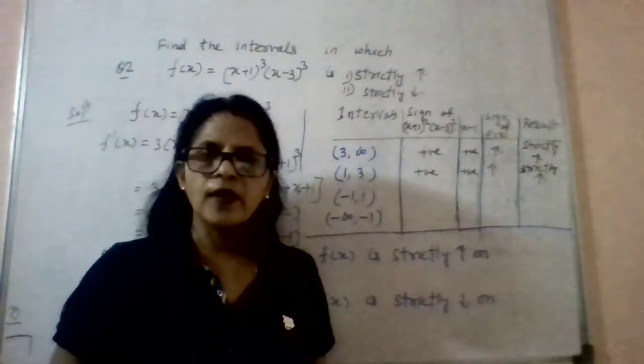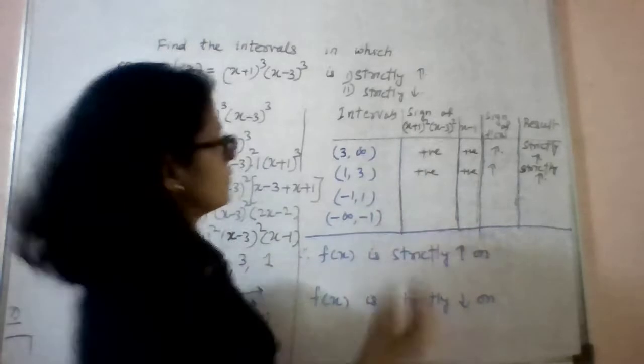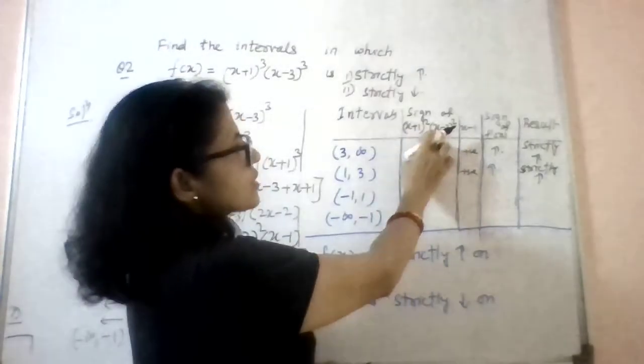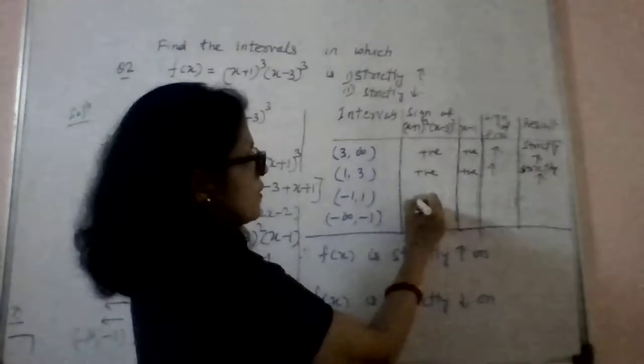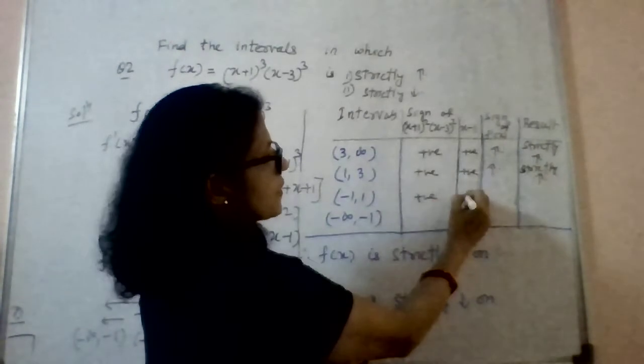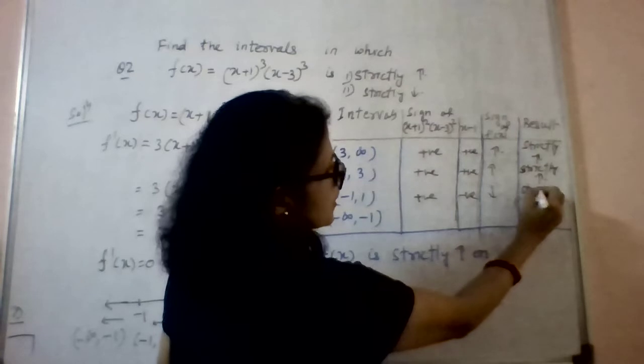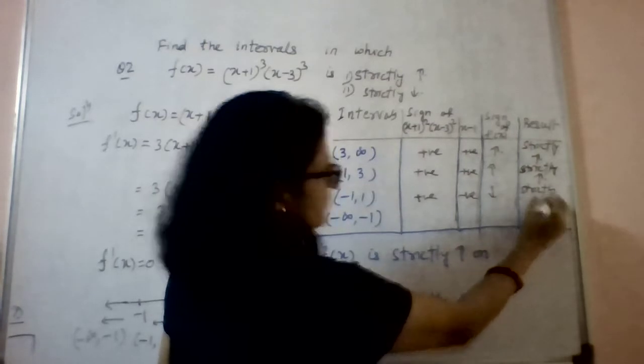Between minus 1 and 1, you can take 0. So (0 plus 1) whole square, (0 minus 3) whole square, positive. 0 minus 1, negative. So here negative, strictly decreasing.